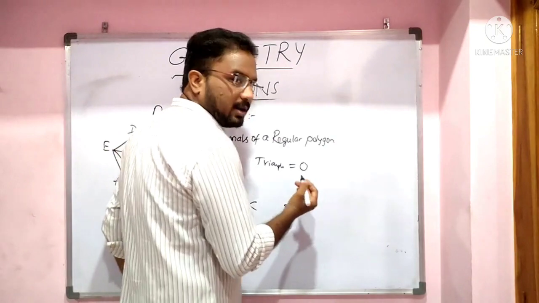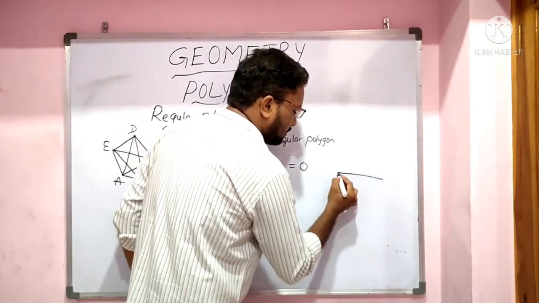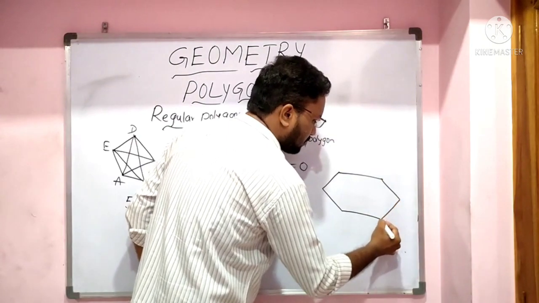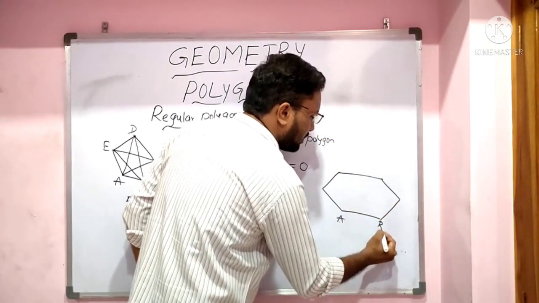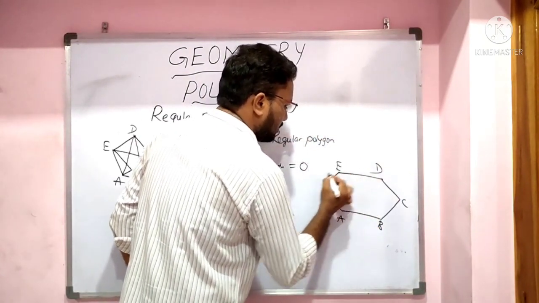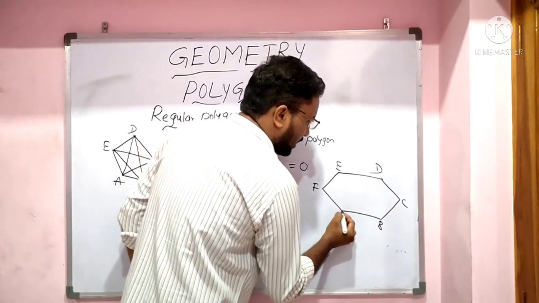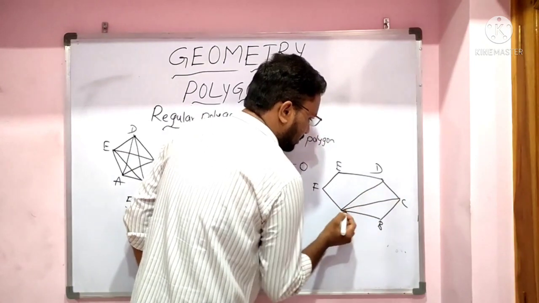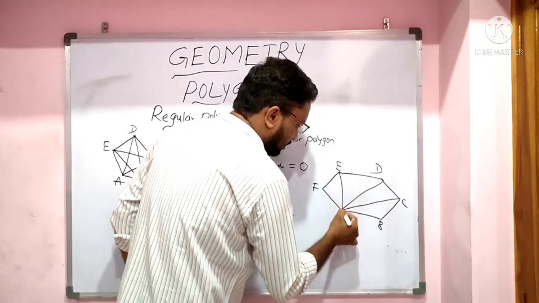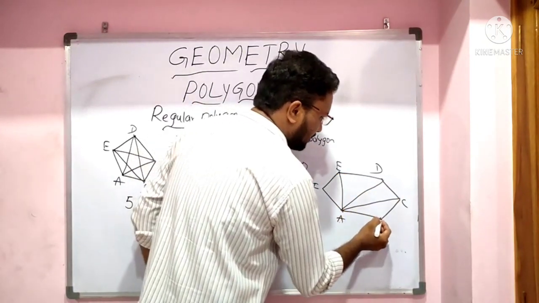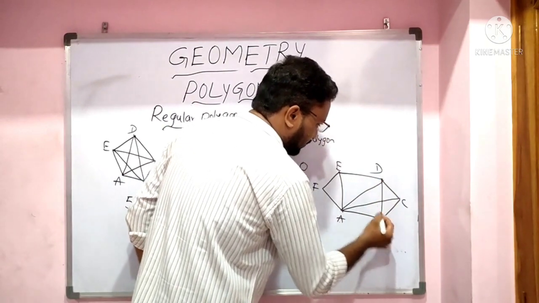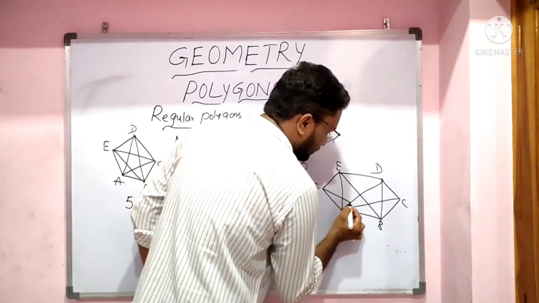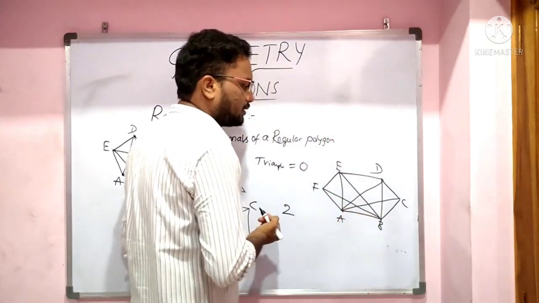Similarly for a regular hexagon, A, B, C, D, E, F. This is one diagonal, another diagonal, and another diagonal, 3. Next from this point this is 4, 5 and 6.